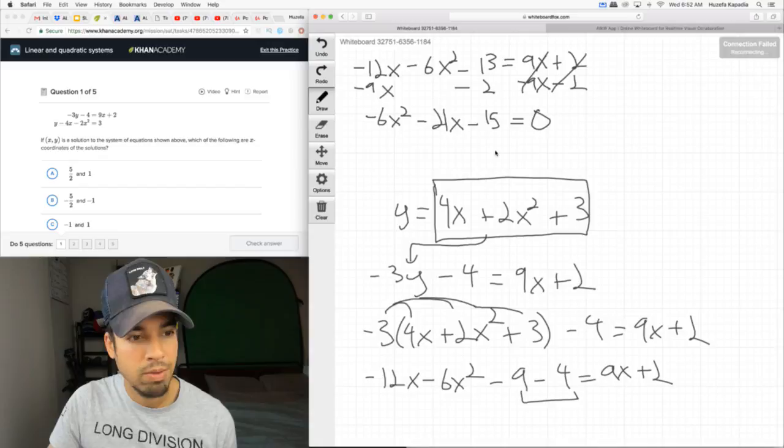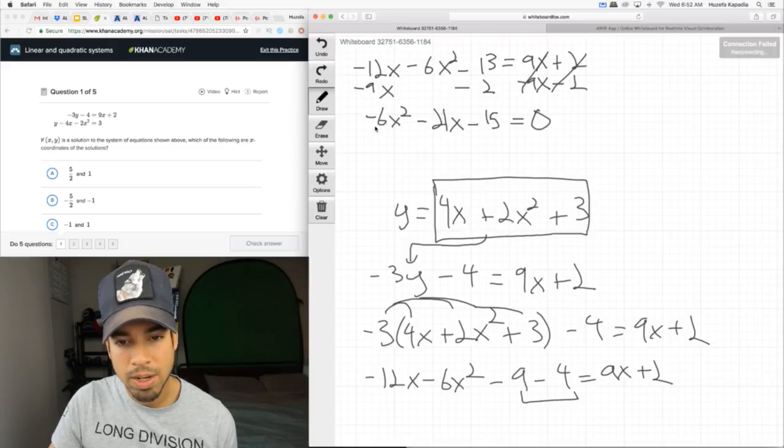Now we're almost there. Now we can start factoring. First, I'm going to divide everything by negative 3, and this becomes 2x squared plus 7x plus 5 equals 0.